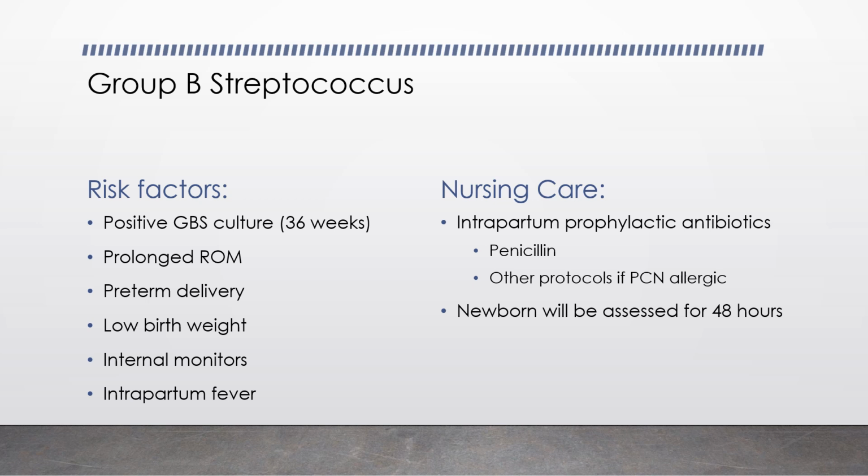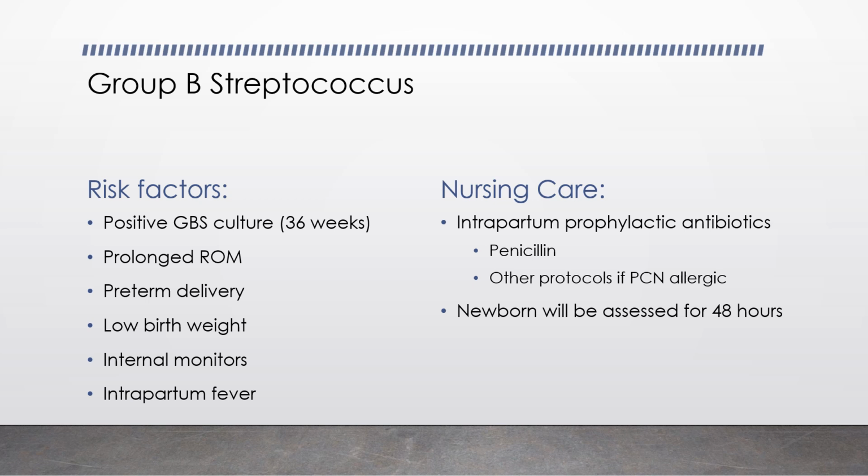Also, risk factors could be prolonged rupture of membranes, preterm delivery, because we don't know whether moms are positive or negative. Internal monitoring can place the baby at risk for Group B strep. And we want to also be vigilant for intrapartum fevers.